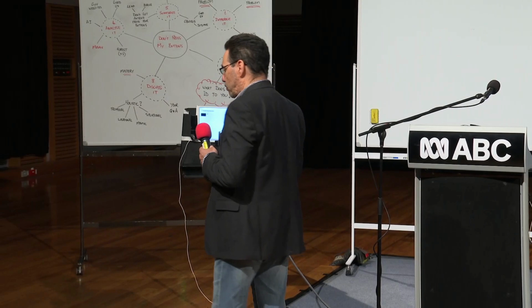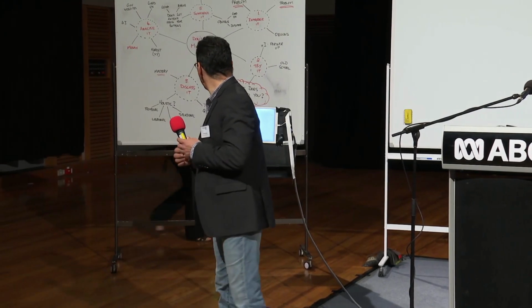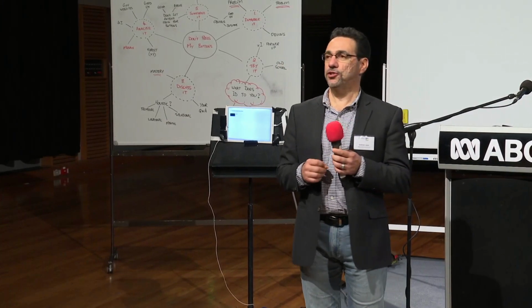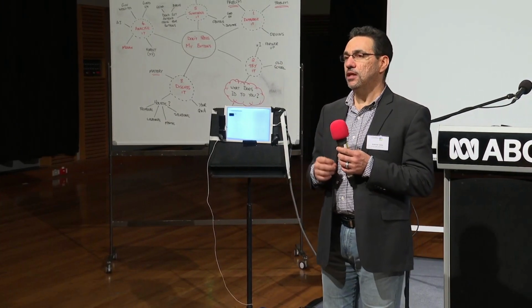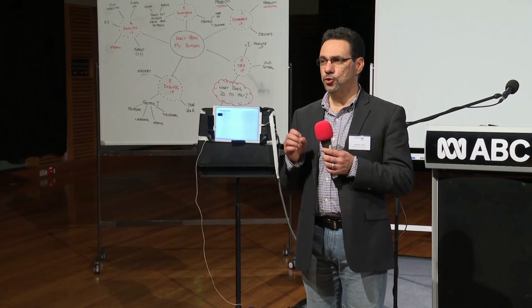Yep. Excellent. Okay, so on that piece of paper, what we're going to do is we are going to answer the question, what does inclusive design mean to you? Okay, so you've got 60 seconds.